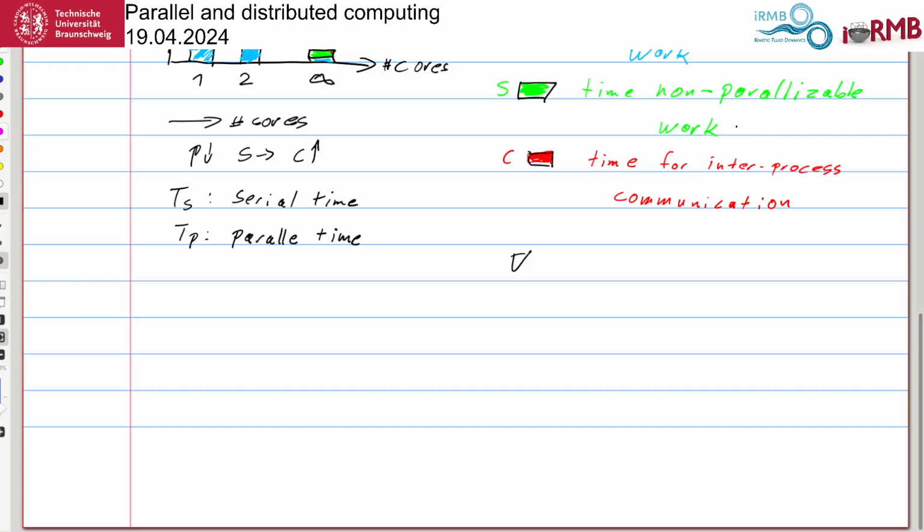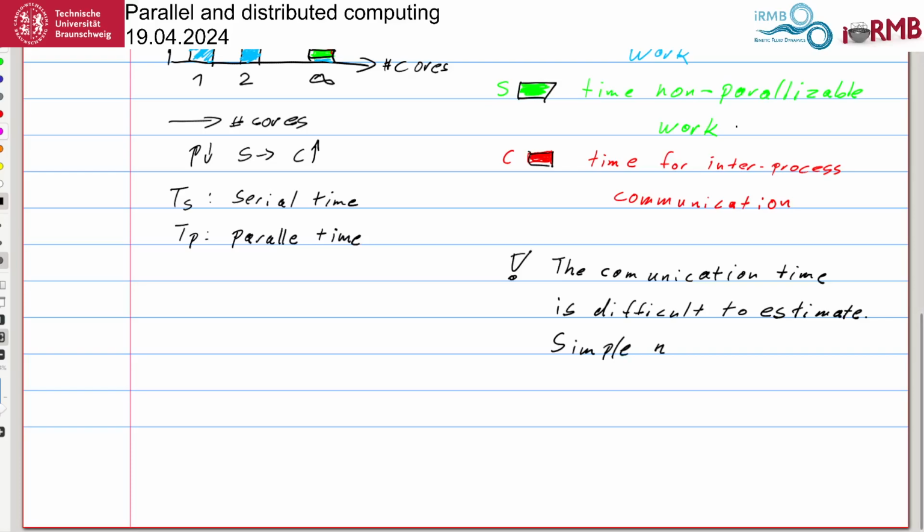And now we make a critical assumption, which is not a good assumption, but which we have to make, because otherwise we would have to stop here. Namely, the problem is that the communication time is difficult to estimate in general. So in simple analysis like the one we are looking at, we will simply neglect this.